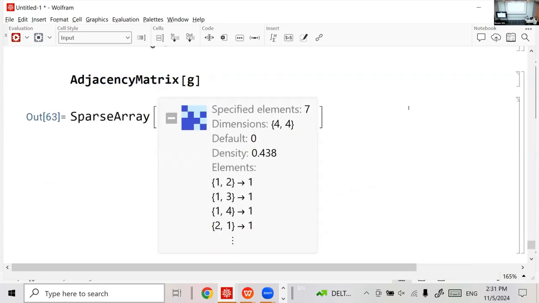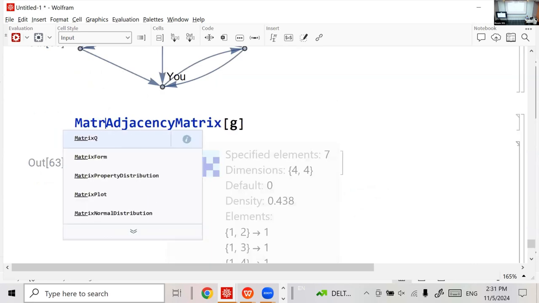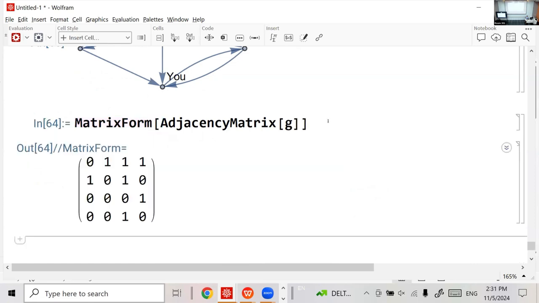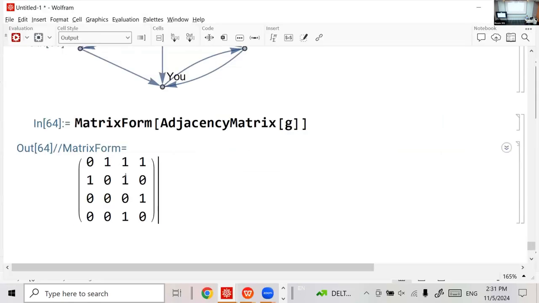Watch this, okay? The adjacency matrix gives you a sparse array, meaning I don't want to keep the whole matrix, I want to keep the edges. But the whole matrix looks like this, guys. Matrix form. See? 0, 1, 1, 1, 1, 0, 1, 0, 0, 0, 0, 1. Okay? So that's it. That's a matrix.